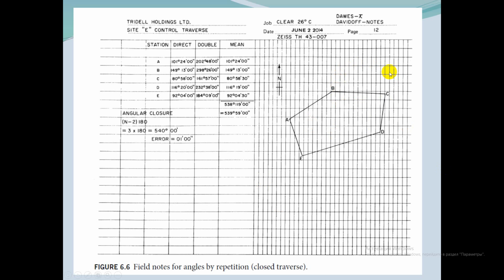This technique effectively removes any error caused by the instrument's vertical hair position, standard imperfections, etc. So you find direct and double station and then calculate the mean and of course the error.